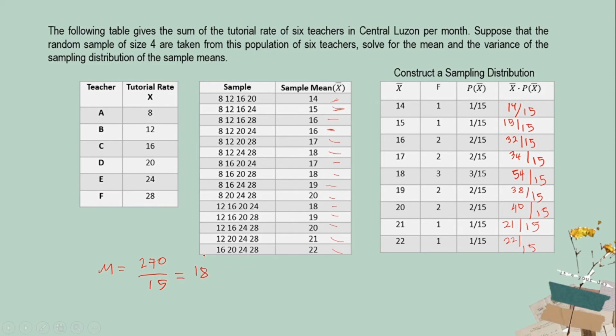So the mean of the sampling distribution of the sample means is equal to 18. The same with the mean of the population, which is also equal to 18.